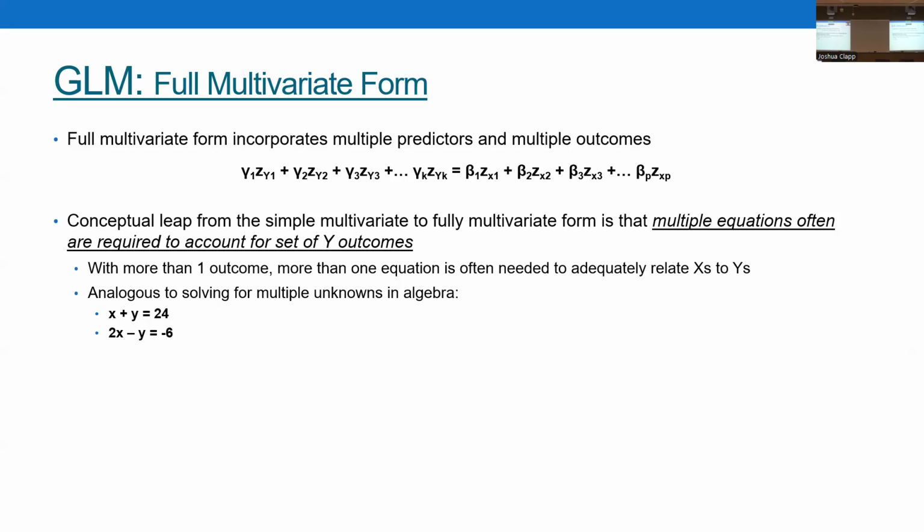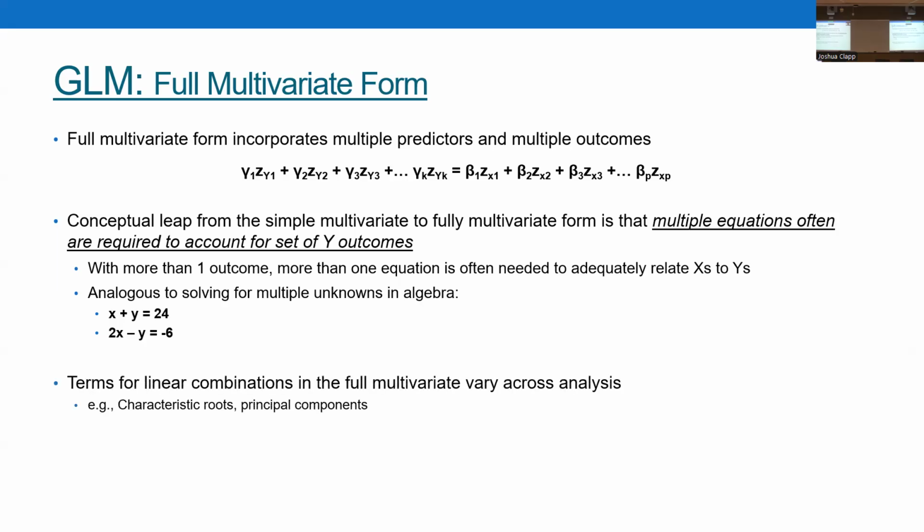Same type of thing when we go into our full multivariate analyses. What we need is a set of equations to solve this and come up with a usable solution.